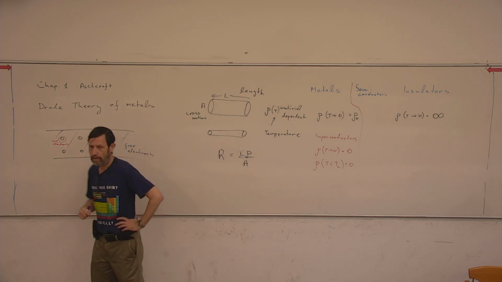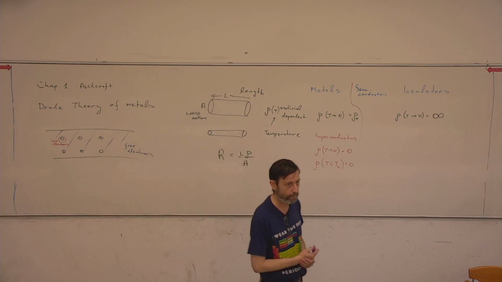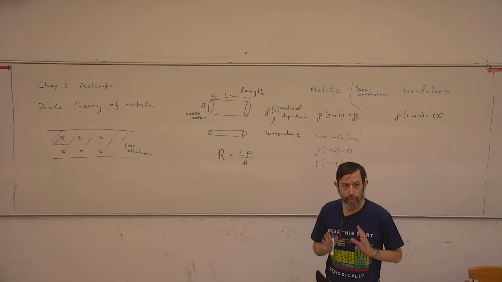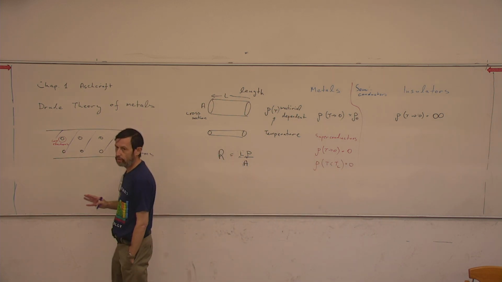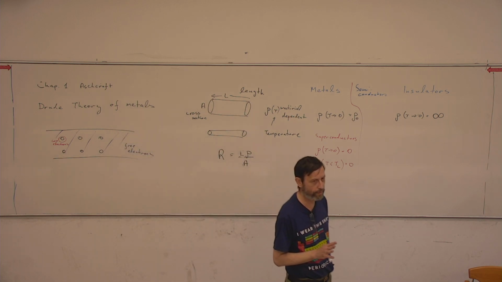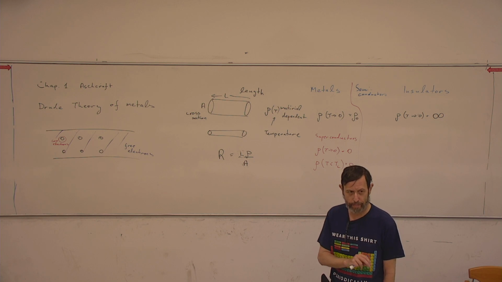Okay. How do we treat these free electrons? He assumed that we treat them in the simplest way we can think about. And the simplest way we can think about is actually, if you think about it deeply, deeply flawed.